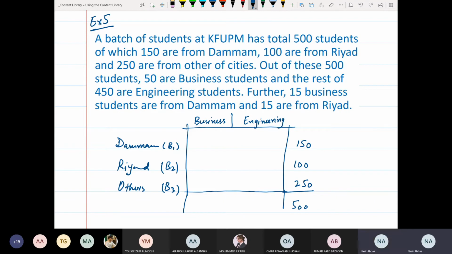Reading from the question, out of these 500 students, 50 are business students, and the remaining 450 are engineering students.